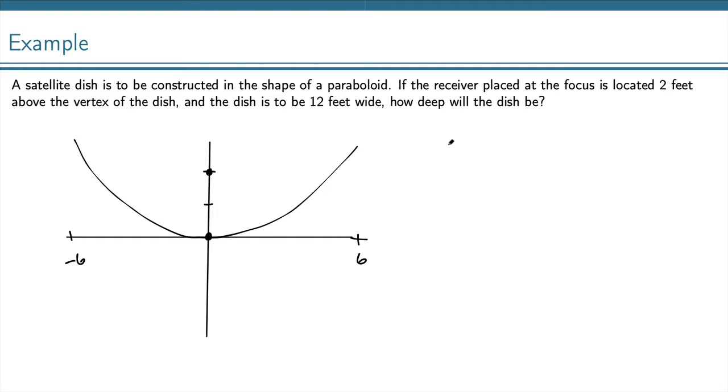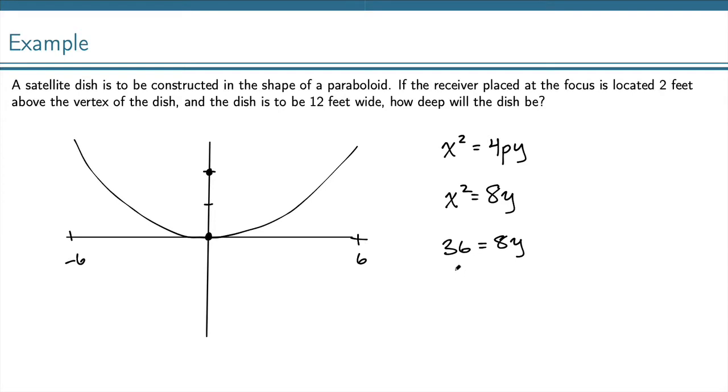Now, this is a parabola opening upward, so we have x squared equals 4py, but we know that p is 2. So x squared equals 4 times 2, which is 8, times y. Now I can plug 6 in for my x, or -6, doesn't matter, and I get 36 equals 8y. Then I can solve for y.